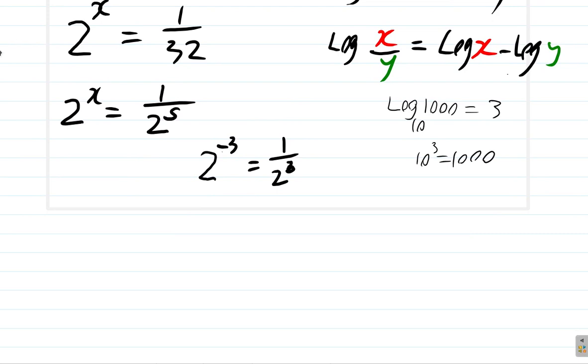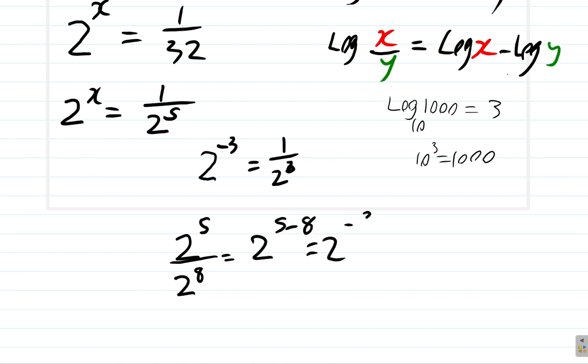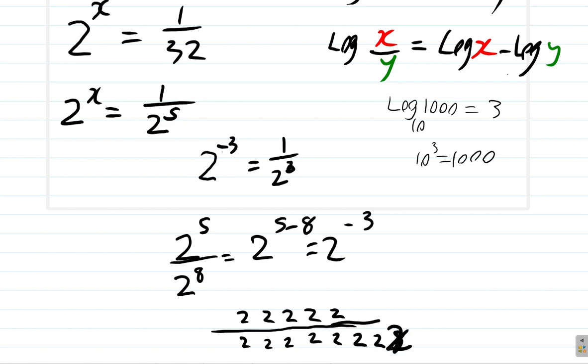Remember that? Because if you have 2 to the 5 divided by 2 to the 8, it is the same as 2 to the 5 minus 8, which is 2 to the negative 3. And with 2 to the 5 over 2 to the 8, you have 5 2's over 8 2's, everything multiplied. When you cancel down, the 5 2's on top cancel the 5 2's on the bottom and leave 3 of them there. So it's 1 over 2 cubed. Alright, that was just a reminder.